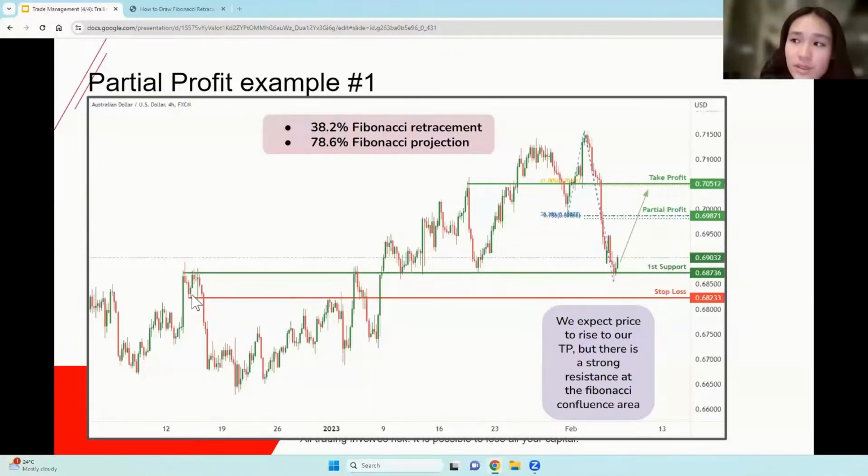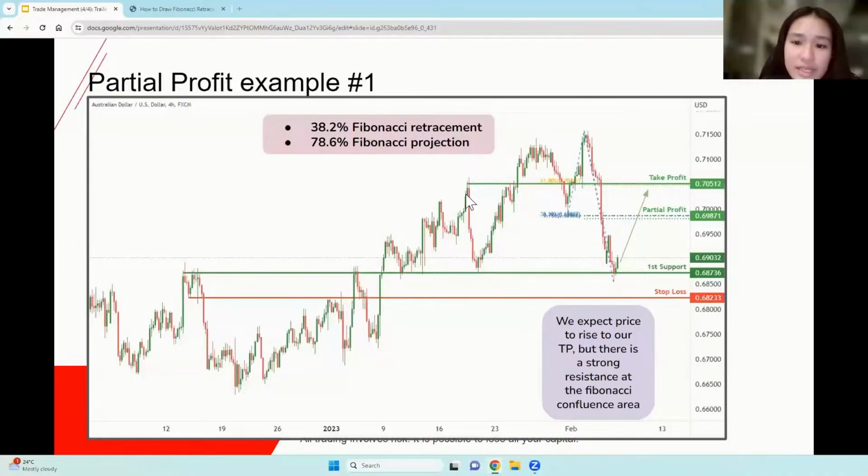As you can see, there is a swing low here and a swing high here. We place our stop loss slightly below that, and our take profit is over here at 0.70512, at this swing high resistance. We have a couple of Fibonacci levels to support our levels as well.